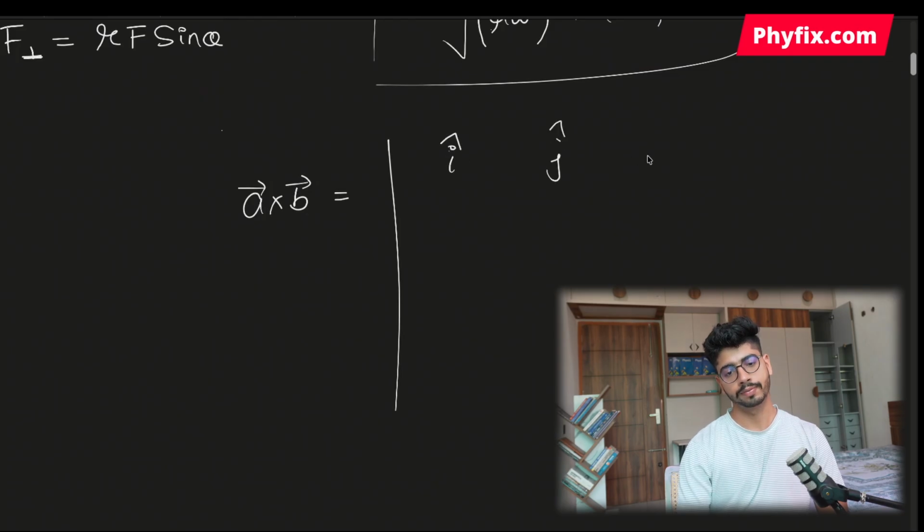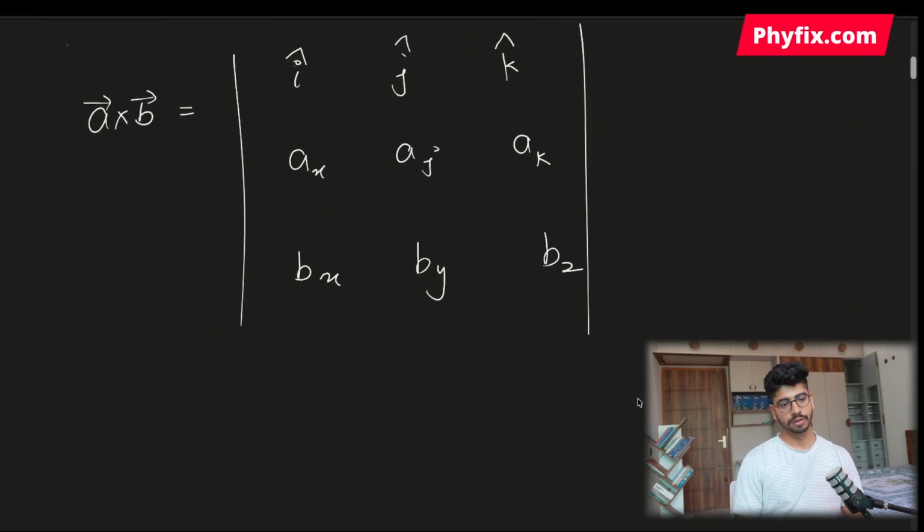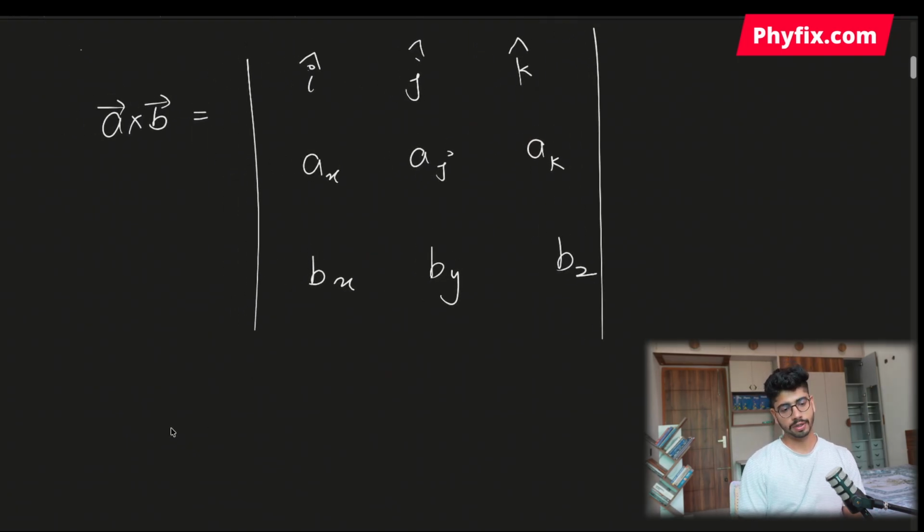I, J, K, that is the X component of A, J component, K component. This is BX, BY, BZ. So the cross product can be easily found this way: multiply this one and minus this one. If you have already done vectors, then only it is useful. Just please check it from your syllabus first.